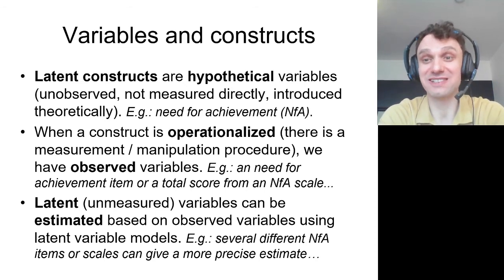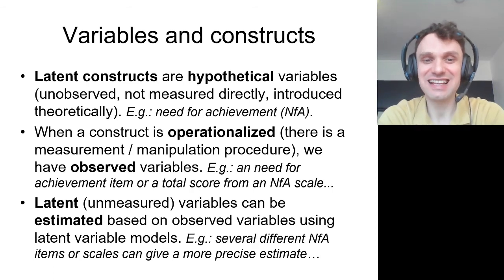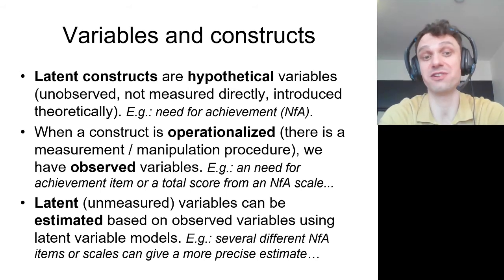And when we work with data, we either work with observed variables, or sometimes we also try to reconstruct latent variables. Latent variables are variables that we estimate based on a bunch of observed variables.